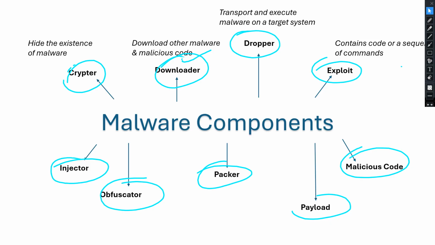Exploits are the part of malware that contains code, a sequence of commands that can take advantage of vulnerabilities in digital systems. As we know, in most applications there are some vulnerabilities in older versions, right? So an exploit helps identify and exploit those vulnerabilities with specific code or a sequence of commands, right?